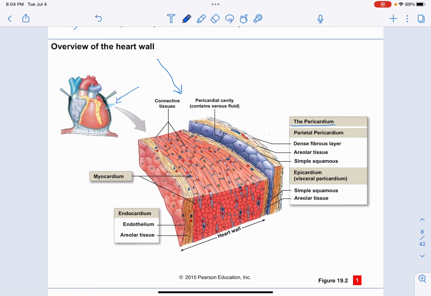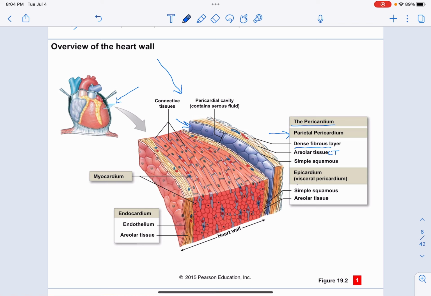Again, we have the parietal pericardium. We just talked about that dense fibrous layer. And then underneath that you have some areolar connective tissue and a simple squamous epithelium. That is what's making up that parietal pericardium. And then in between here, there's some serous fluid.